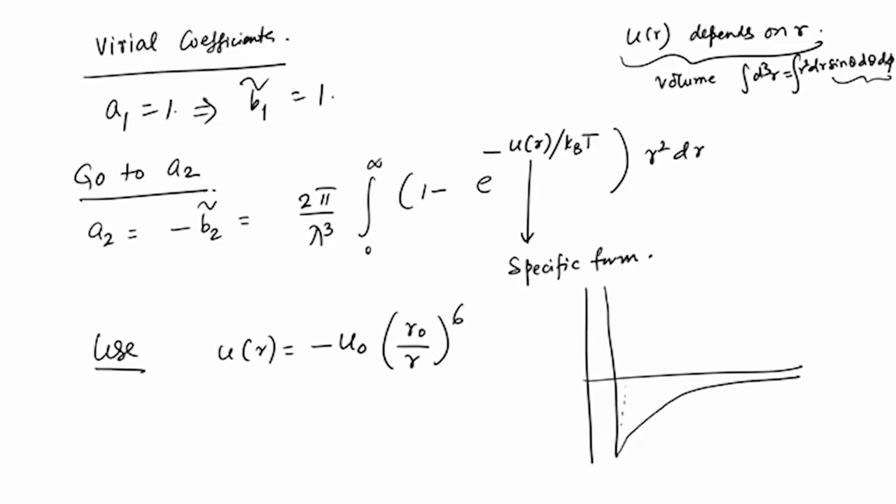and this is your r0. So, at r lower than r0, it is infinity. So, this is for r greater than or equal to r0, and it is equal to infinity for r less than r0.